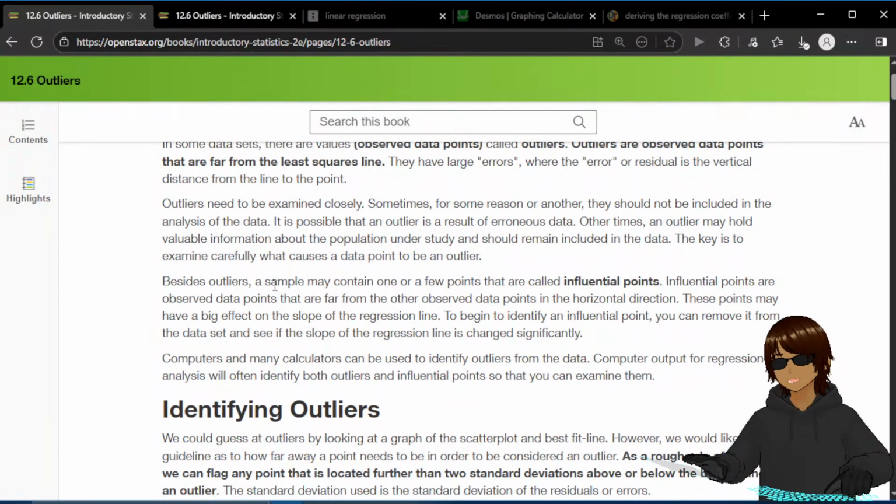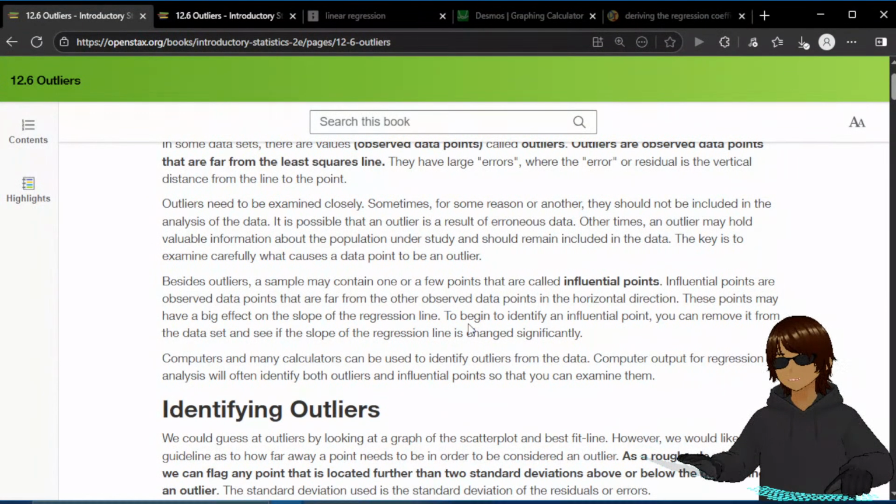Besides outliers, a sample may contain one or a few points that are called influential points. Influential points are observed data points that are far from the other observed data points in the horizontal direction. These points may have a big effect on the slope of the regression line.